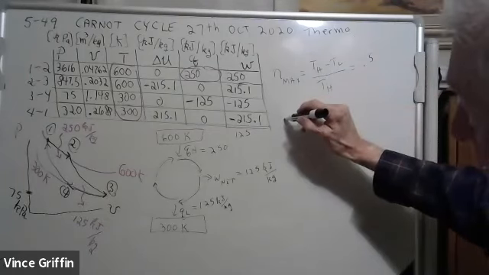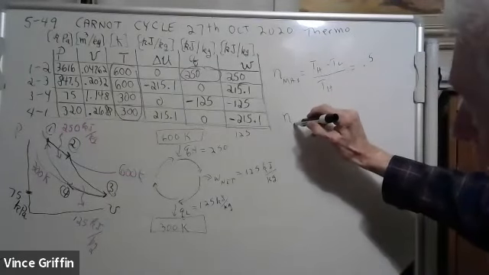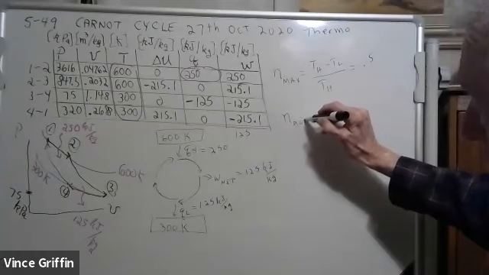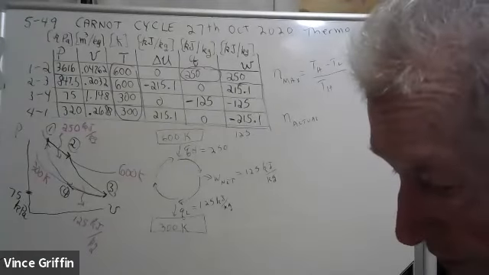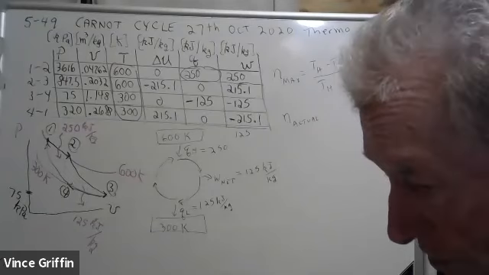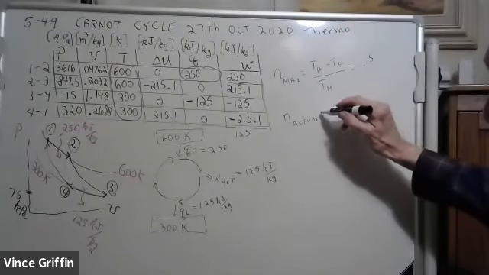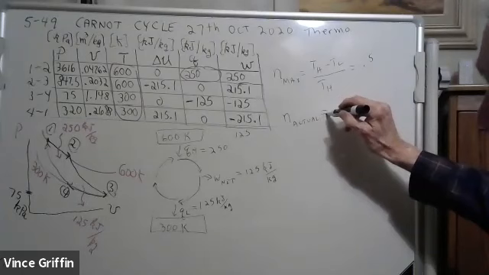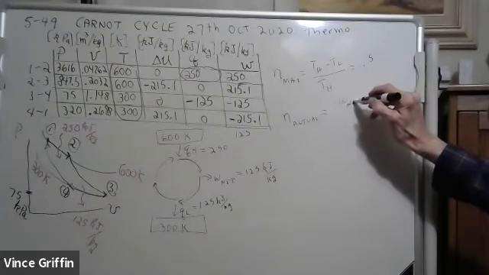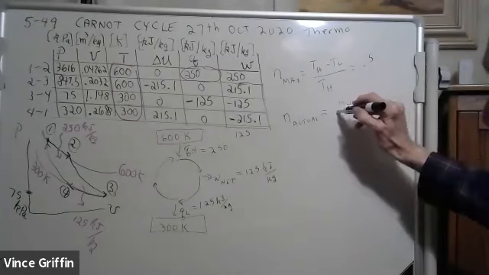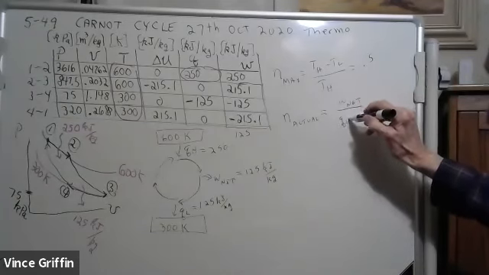And see, that's going to equal the actual, because a Carnot cycle is a perfect reversible cycle, and the actual efficiency is your net work divided by your QH.